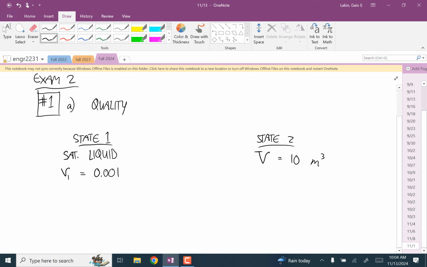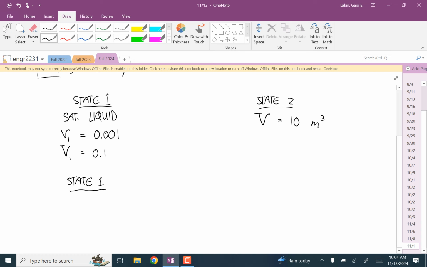Okay, so from state 1, we can say state 1 is also volume of 0.1. That's right. And so from this, we can say that 0.1 is equal to 0.001 times the mass.